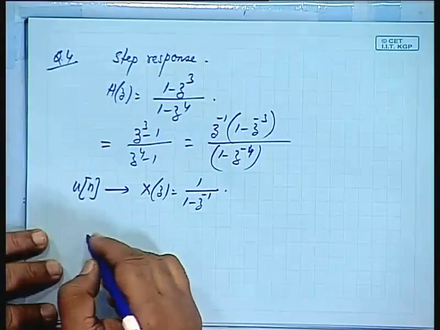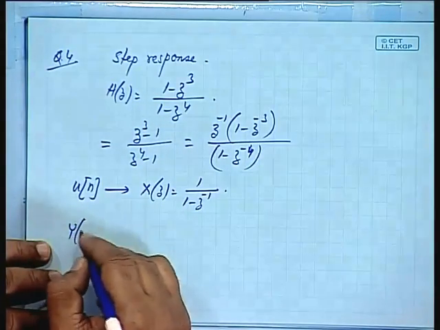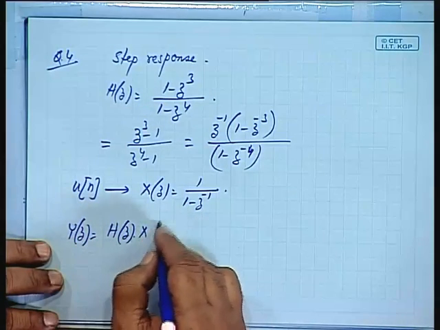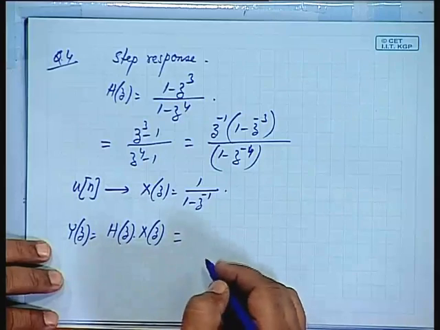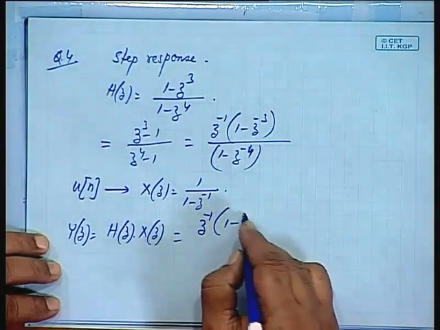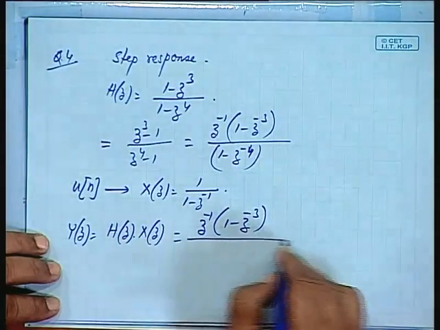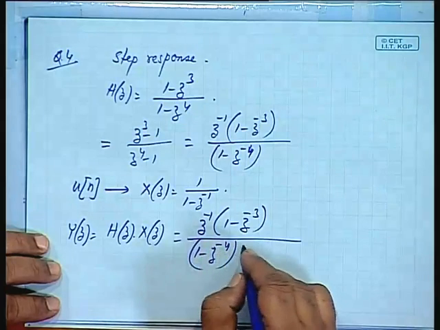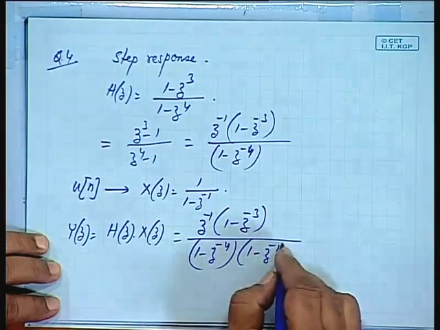So, if I multiply, output y z will be h z into x z. Okay. So, z to the power minus 1 into 1 minus z to the power minus 3 divided by 1 minus z to the power minus 4 into 1 minus z to the power minus 1.